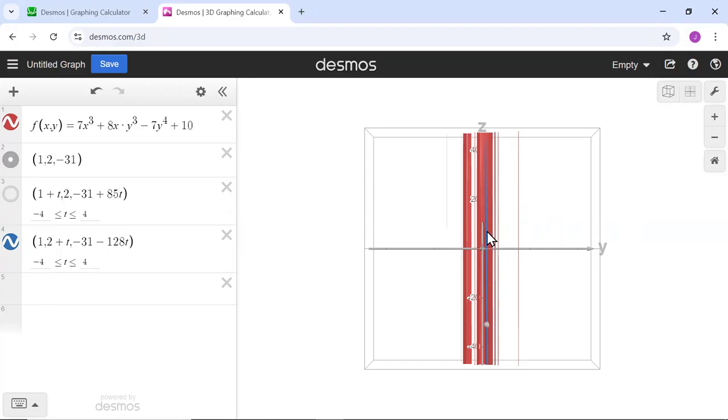So almost straight down or very close to. And so as you move in the direction of y, slope of this blue line is negative 128. Again, this one's a lot harder to see, even though conceptually we may understand what's going on.